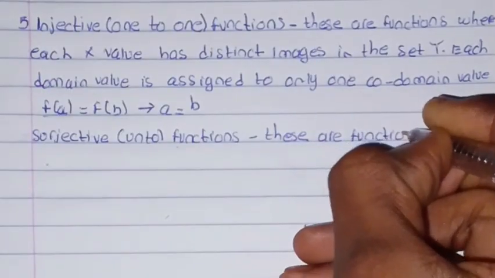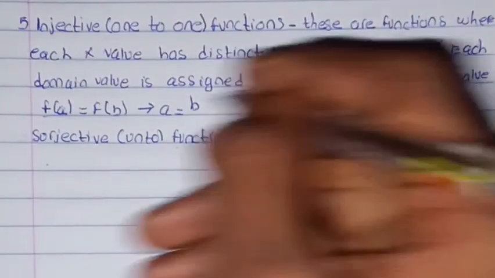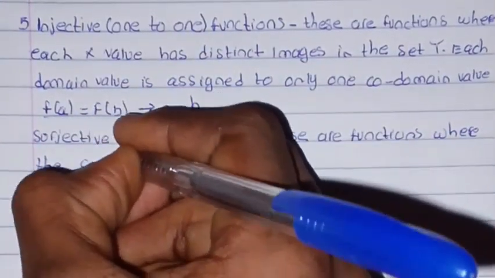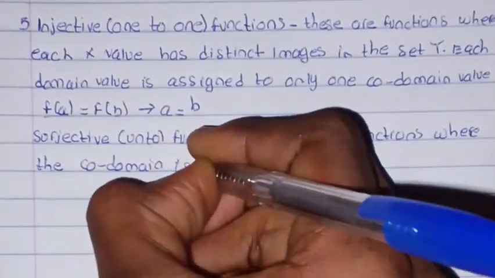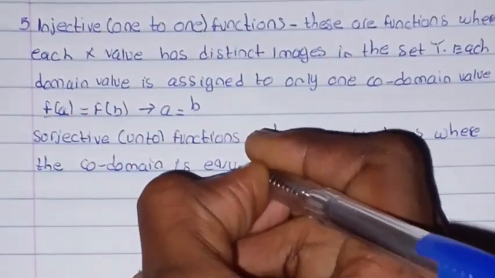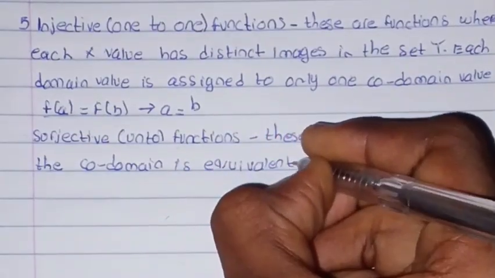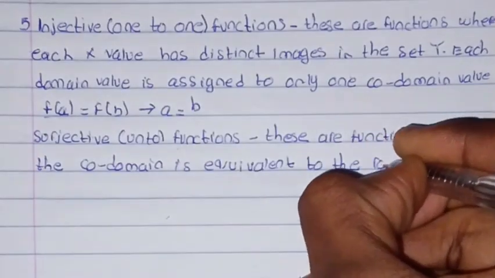They are functions where the codomain is equivalent to the range. Now what this simply means, remember our definition of codomain, is the possible values of y we can get from a function.